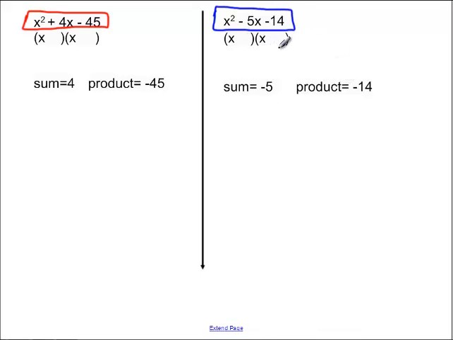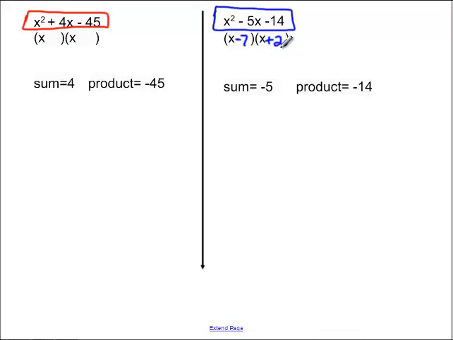If it jumps out at you that the product of these two numbers is negative 14 and the sum is negative 5, well, this might be x minus 7 times x plus 2, because negative 7 times positive 2 is negative 14, and negative 7 plus 2 is negative 5.